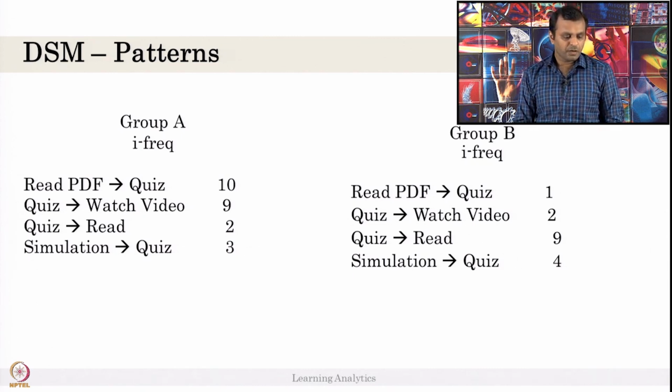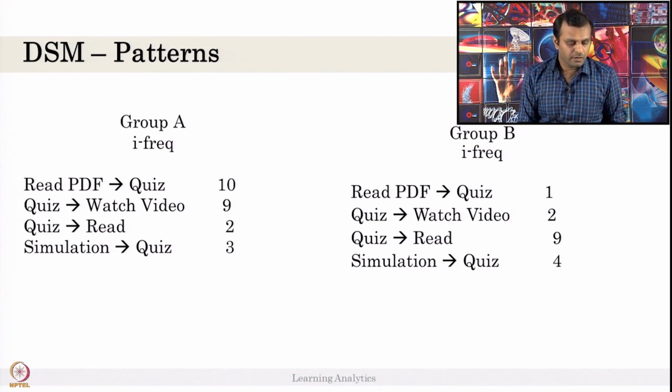Let us see. Group A did read PDF, read to quiz, 10 times; consider this a high frequency median. Imagine the support S is equivalent, say 0.8 for both.